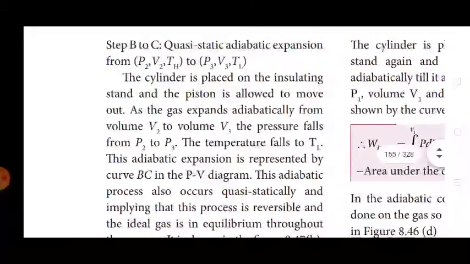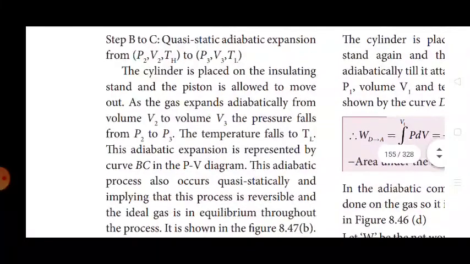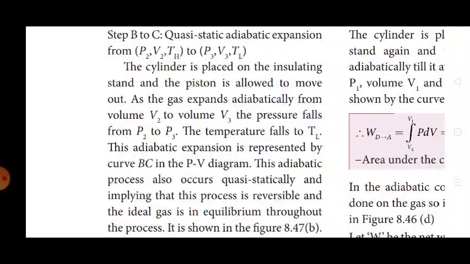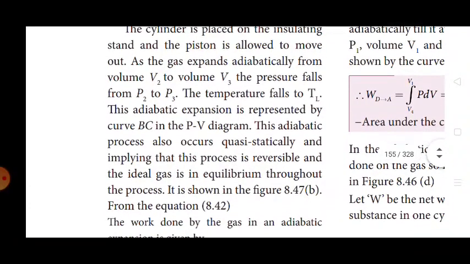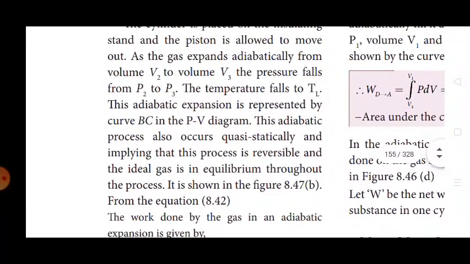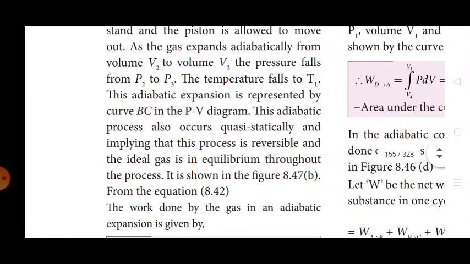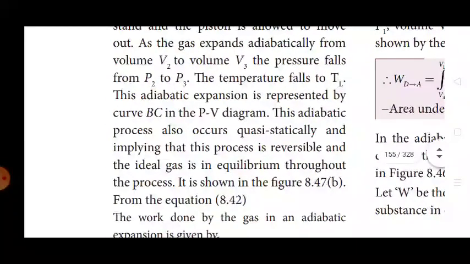The cylinder is placed on the insulating stand and the piston is allowed to move out. As the gas expands adiabatically from volume V2 to V3, the pressure falls from P2 to P3. The temperature falls to TL. The adiabatic expansion is represented by curve BC in the PV diagram.